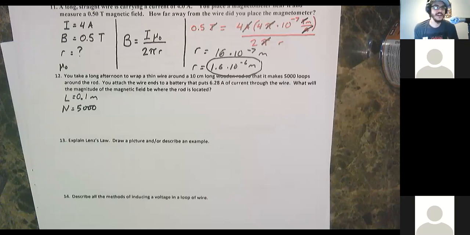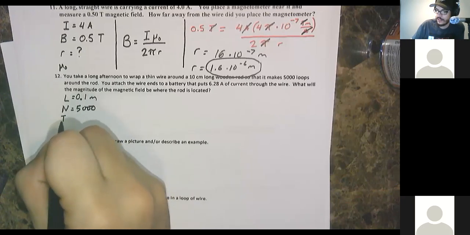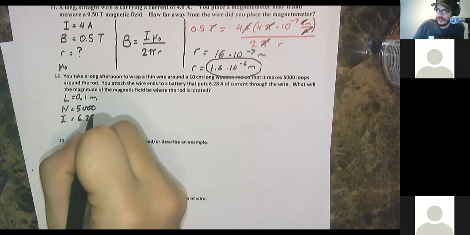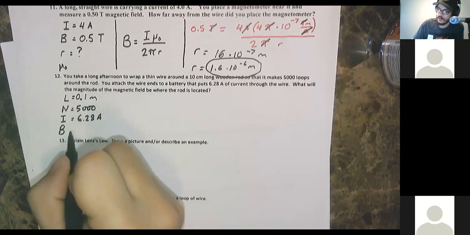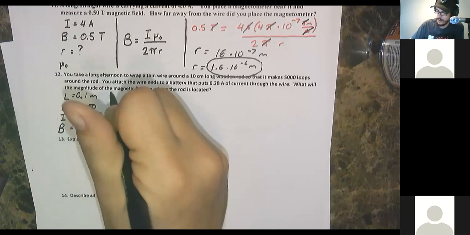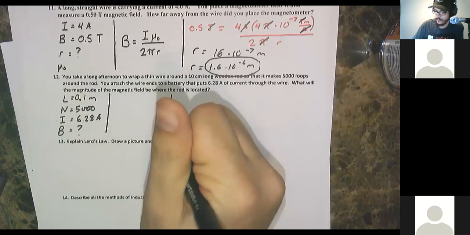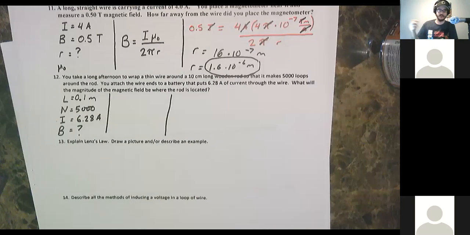You attach the wire ends to a battery. So Joel takes a battery, puts it to the two ends of the wire hanging off of his coil, and we get a current of 6.28 amps going through it. What's the magnetic field in the middle of it where the rod is located? So if we replace the rod with a magnetometer, what would it read?